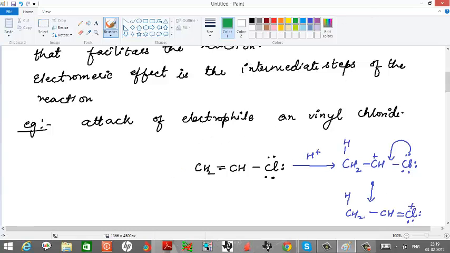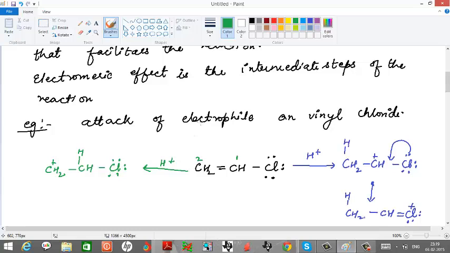Or it can go the other way, in the presence of an electrophile, where the hydrogen attaches to the first carbon atom. This is the first carbon atom, this is the second carbon atom. So CH2 positive, single bond CH H chlorine. Now how does this reaction occur?